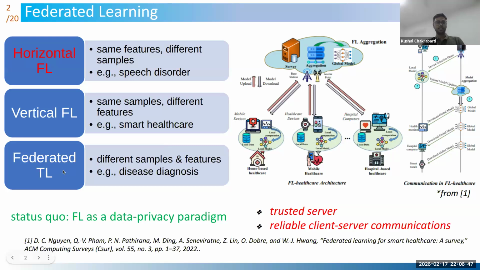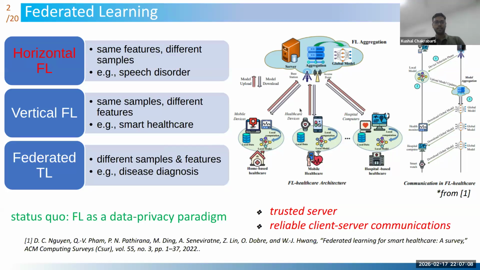And another class is transfer learning in federated learning, where it could be different samples as well as different features, which is the most general setting. In this talk, I'll be particularly focusing on horizontal FL, where the features are the same across all the data samples, but the samples are different.